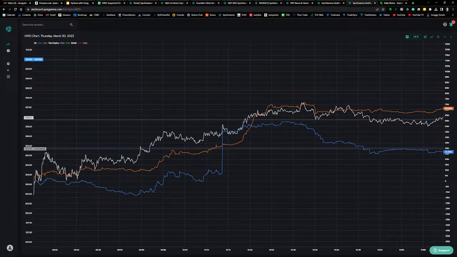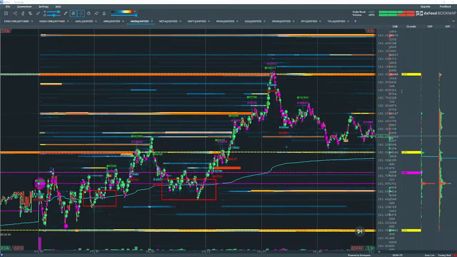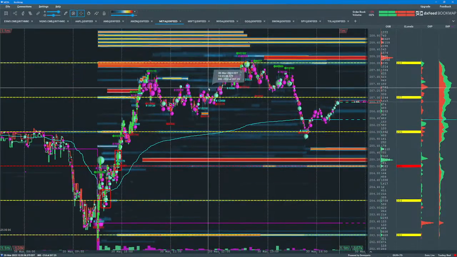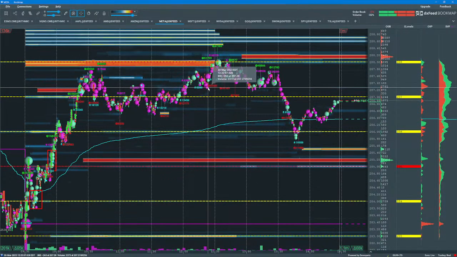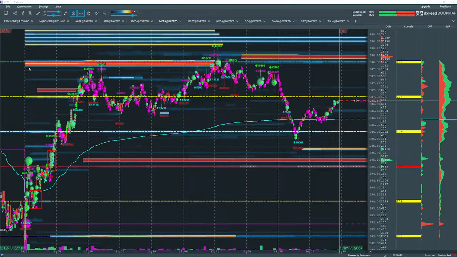Let's go take a look at Bookmap for Meta. Very strong uptrend in the morning. Price target at 208. Notice all the liquidity at that level, and that liquidity attracts price.